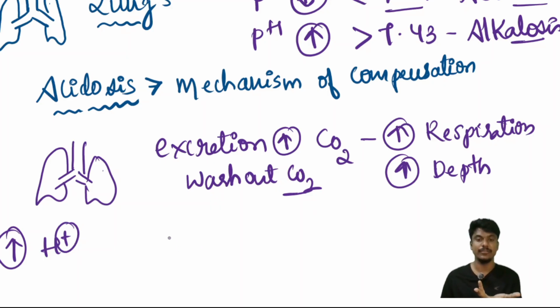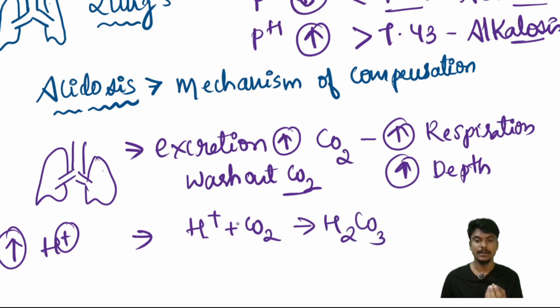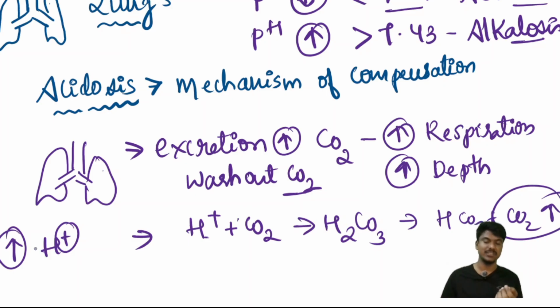We can excrete the carbon dioxide. If you are excreting the carbon dioxide more, what will happen? The carbon dioxide will bind with the H plus ion and make H2CO3, which will give HCO3 plus CO2 release. So CO2 excretion will be more.